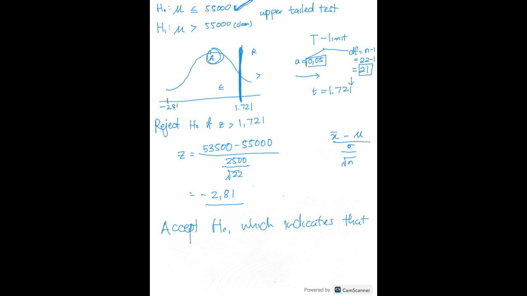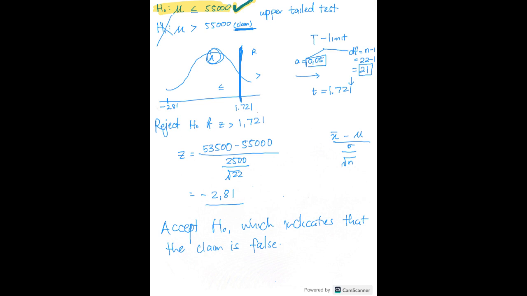You are accepting the null, which means you're saying the null is true, which means that the alternate is false. And the alternate had the claim. So if we're saying that this is false, we're saying this indicates that the claim is false. And that's it. That is all the steps that are required for a typical question.